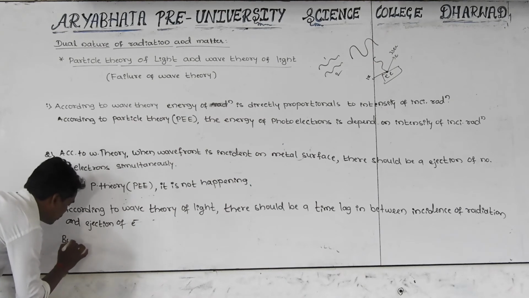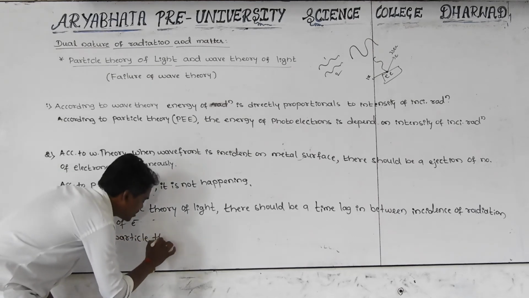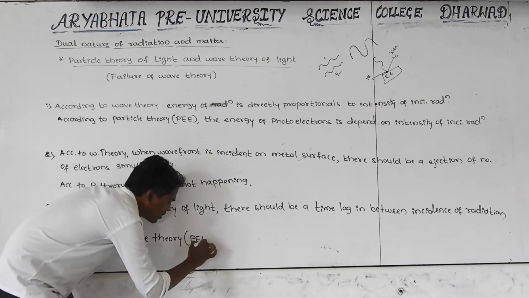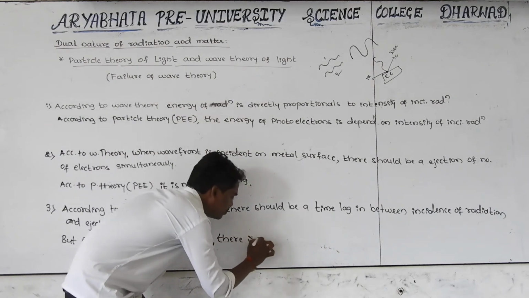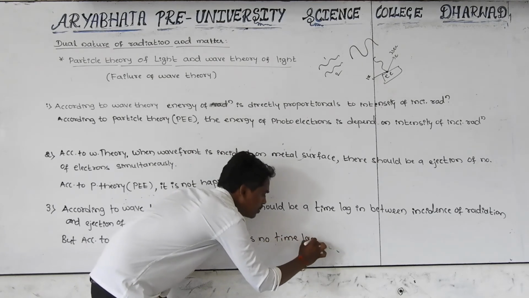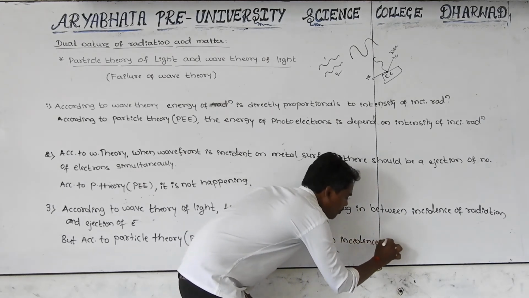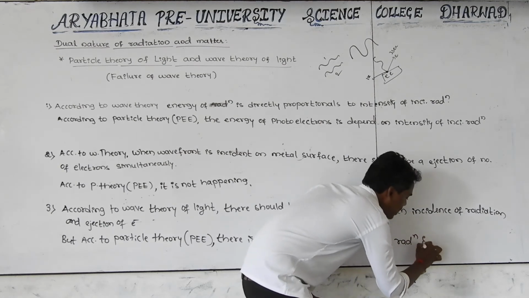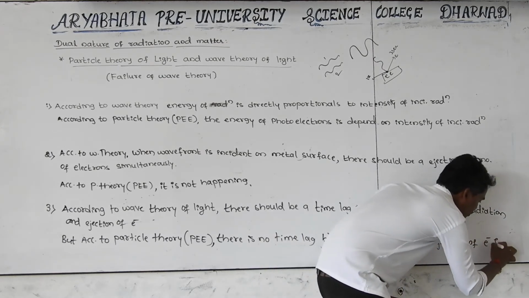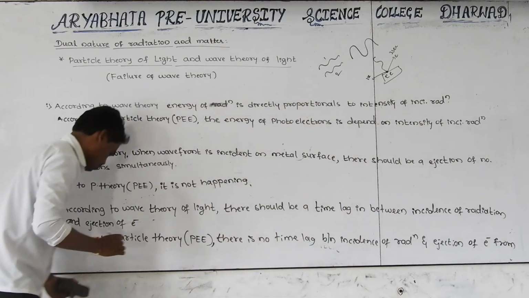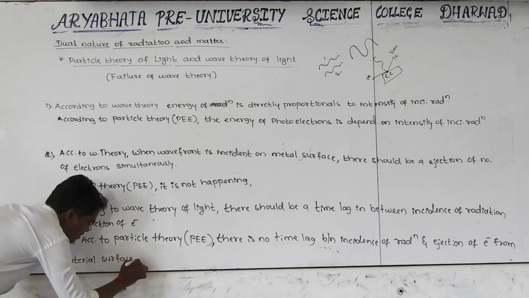But according to particle theory, means in the photoelectric experiment, according to particle theory, there is no time lag between incidence of radiation and ejection of electrons from the material surface.